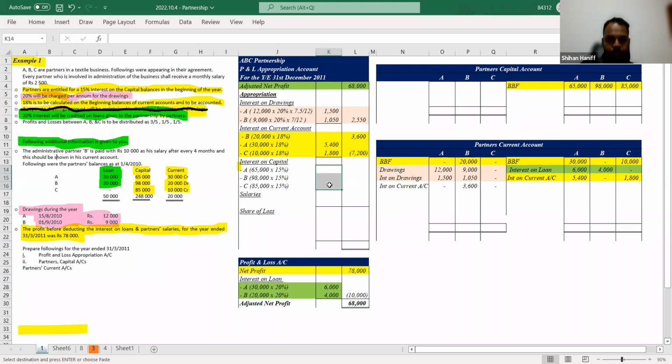So 9,750, 14,700, 12,750, and that will be credited to the current account.